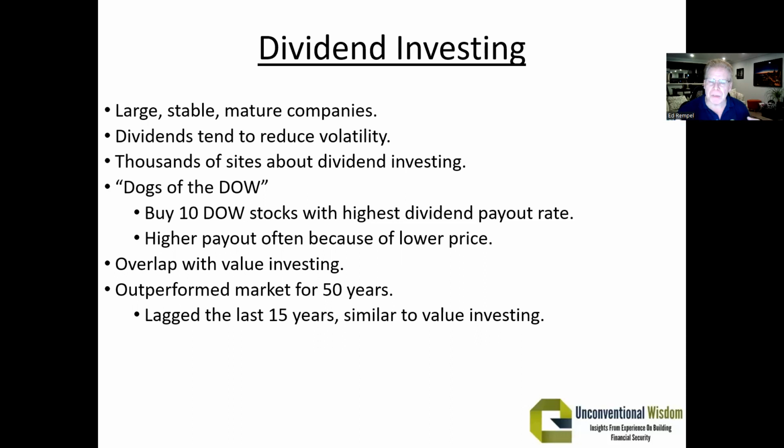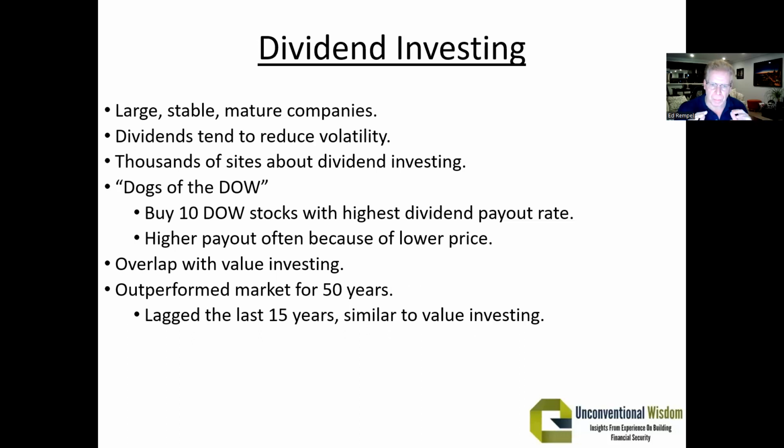So you miss out on some great stocks this way, but you tend to get the larger, more stable companies, and you tend to get a bit more steady return than the index overall. Okay, so dividend investing tends to reduce the volatility, and also part of the return that you're getting is the dividend.